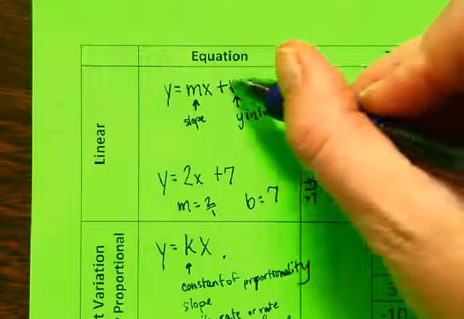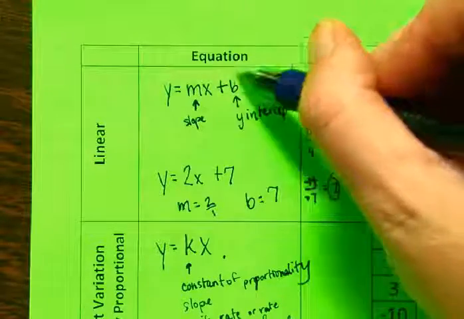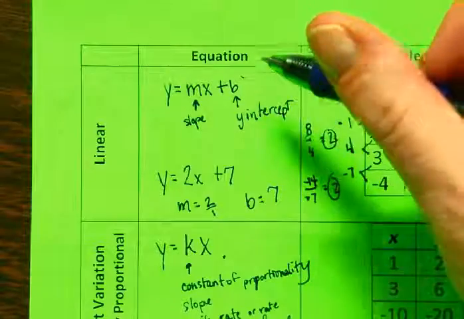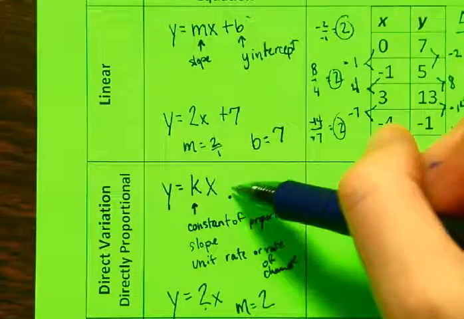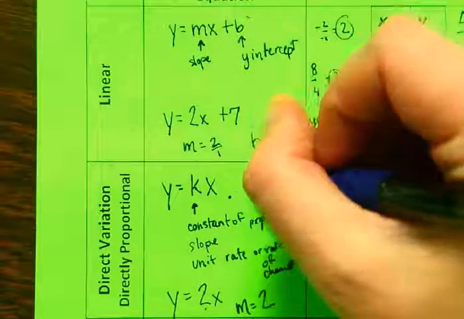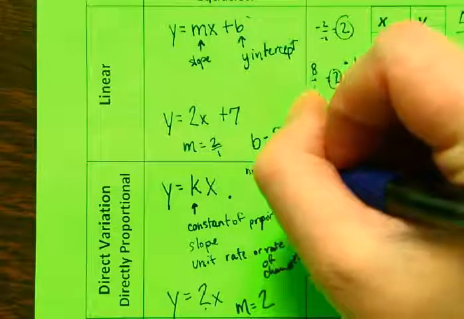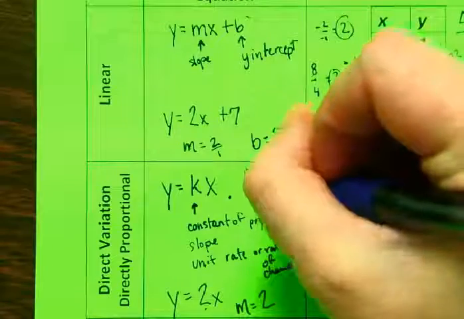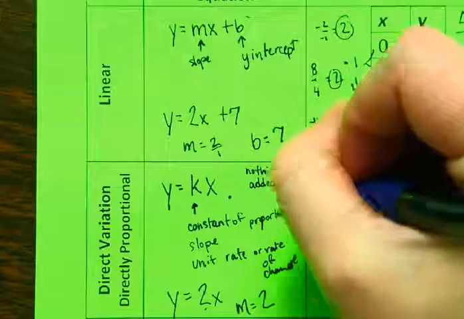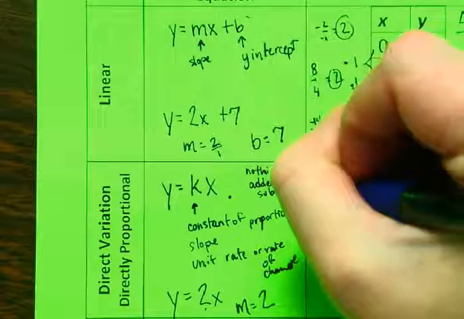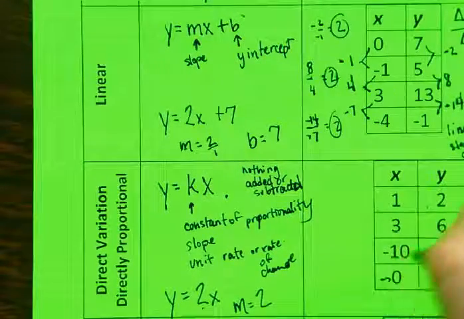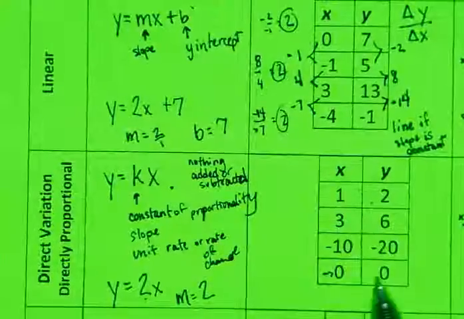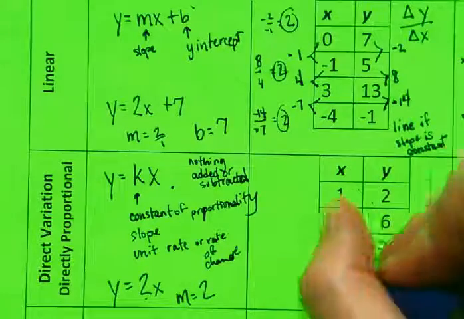A linear relationship can have some number being added or subtracted right here. A direct variation will have nothing being added or subtracted, which is what causes it to go through the origin. The origin in a table would look like this, 0, 0.